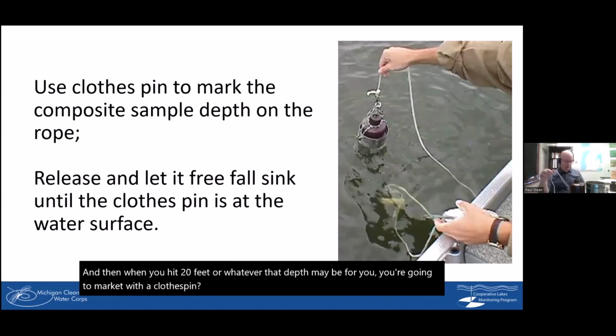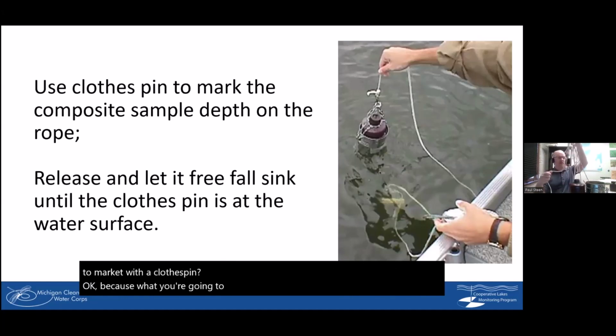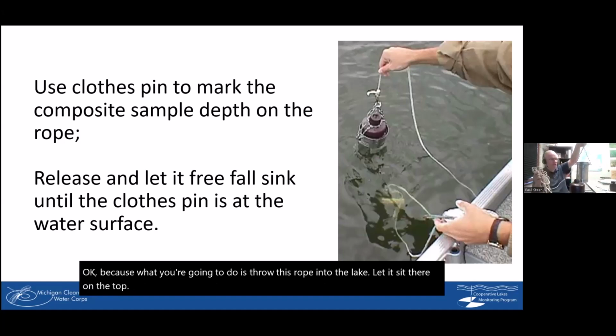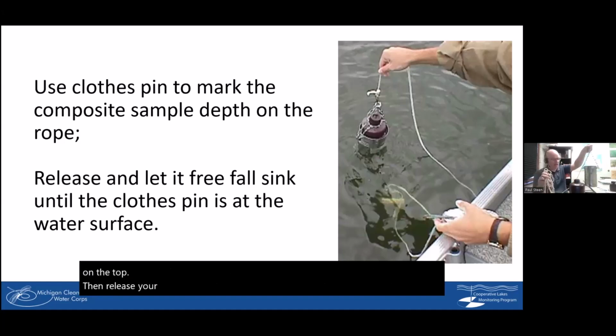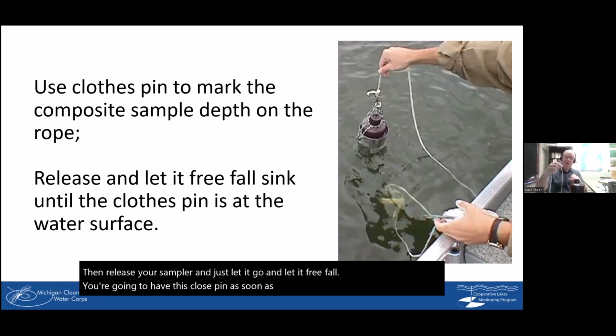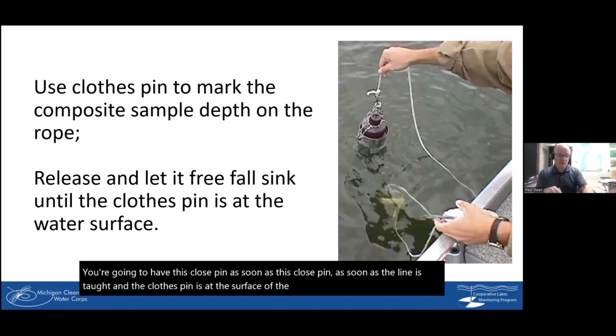Because what you're going to do is throw this rope into the lake, let it sit there on the top, then release your sampler and just let it free fall. As soon as the line is taut and the clothespin is at the surface of the water, that's when you know that you have reached the right depth.